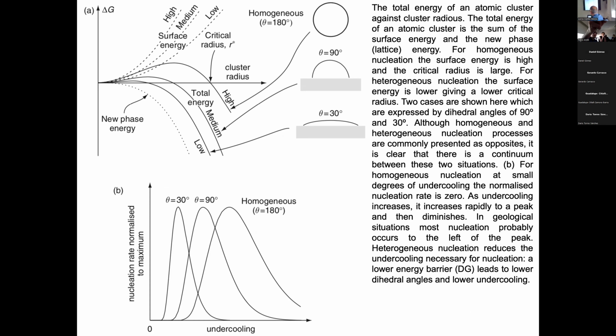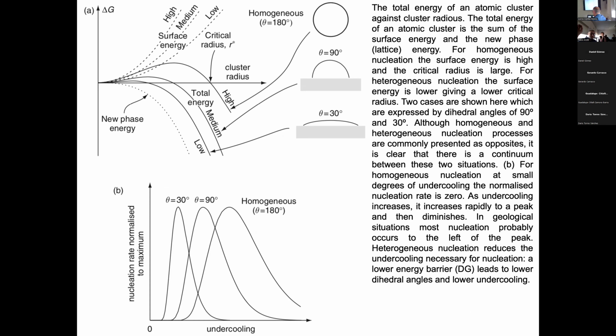Here you can see the nucleation versus the undercooling. At high undercooling, you stabilize a homogeneous nucleus, and then reducing undercooling, the wetting angle will be reduced because I need less energy, and the critical radius will be smaller.